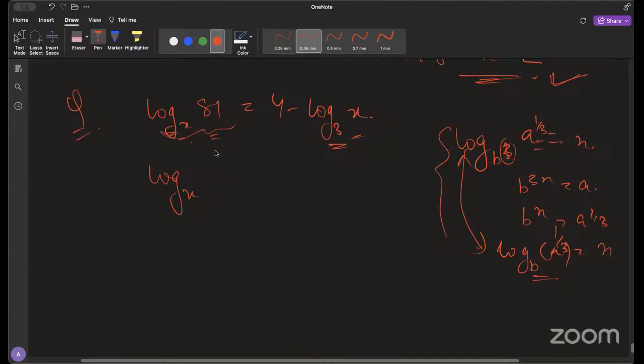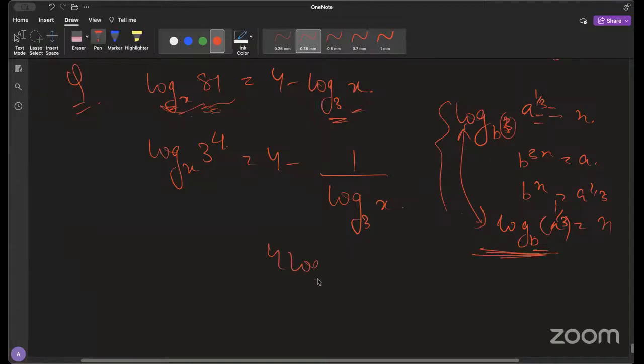So you will have this thing, which will be 3 to the power 4 minus log base 3 of x. Change this thing. You could have changed the other way around as well. You could have changed this instead, but then you'll have to deal with this property.